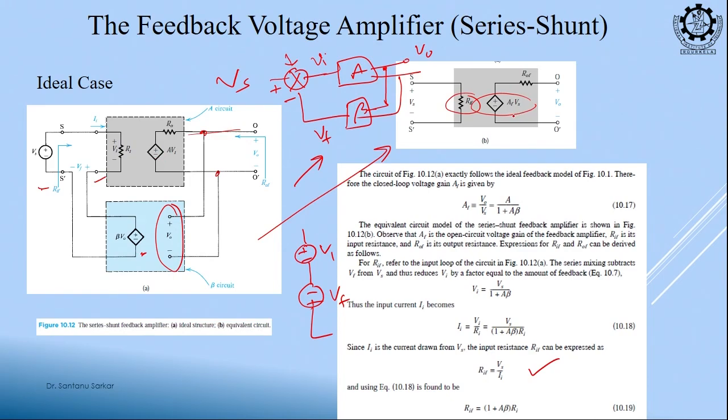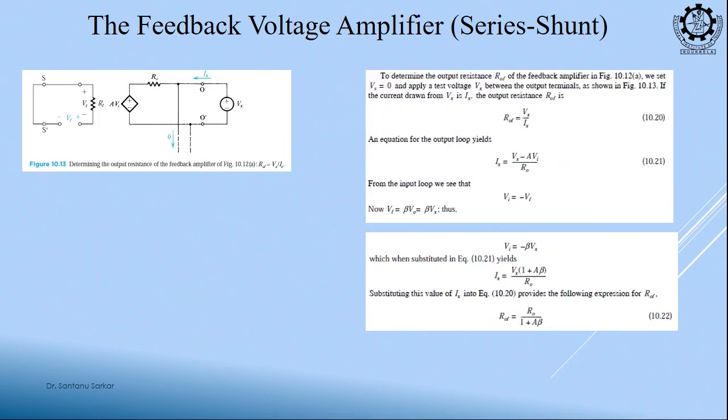So, closed loop gain is AF. Previously my output impedance was RO, now it is ROF, F stands for feedback. And we know RIF will be increased and ROF will be decreased. We just did this calculation, so we won't repeat that.